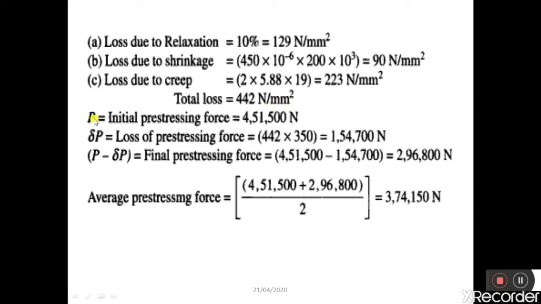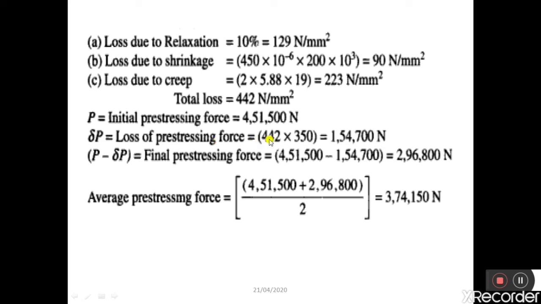It is given that P is equal to 4,51,500 Newton. So P is the initial prestressing force, which we have calculated by using area and stresses developed in the steel. Delta P is the loss of prestressing force. So what is the loss of prestressing force?